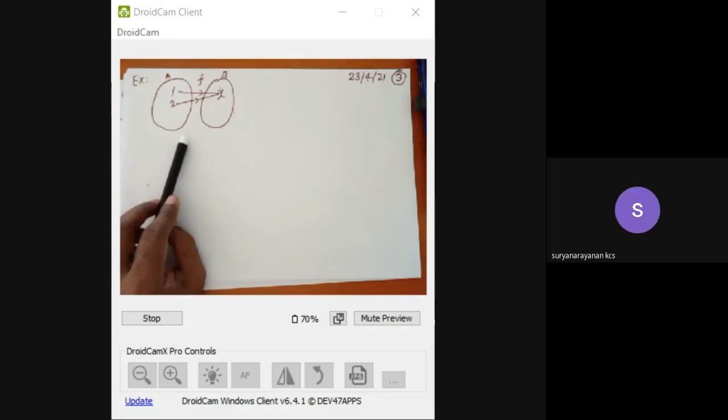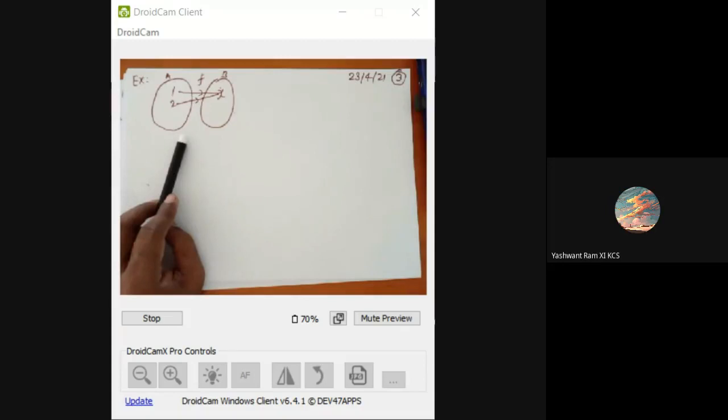Why is it not a one-one function? Tell me, Yashwant Ram. Sir, there is not a one-one mapping from A to B, sir. Tell me the reason clearly. Can you tell me the reason why this is not a one-one function, Kevin Paul?